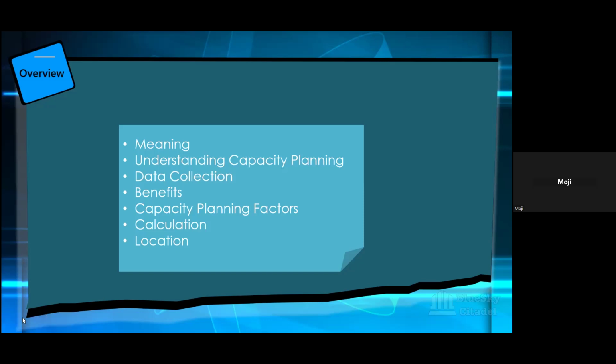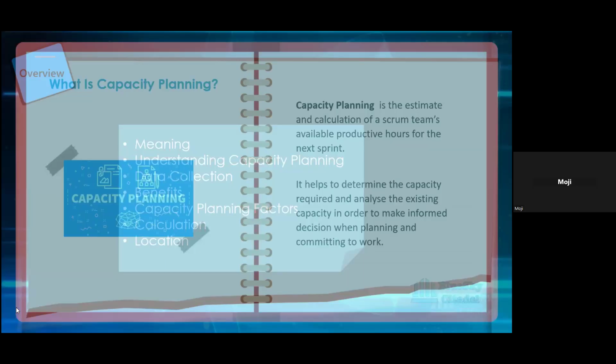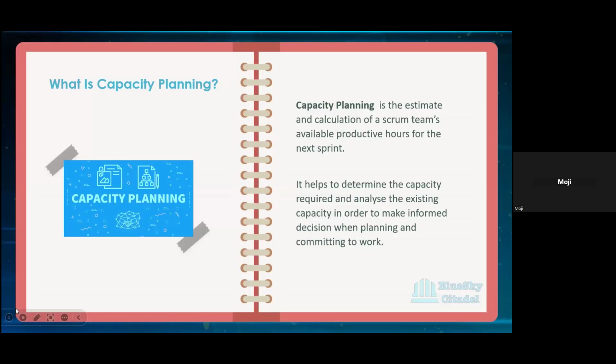So we're going to start off with the meaning of capacity planning. Capacity planning is the estimate and the calculation of your Scrum team's available productive hours for the next sprint that you're going into. It's a planning you do before you start your sprint, or every sprint you want to start.